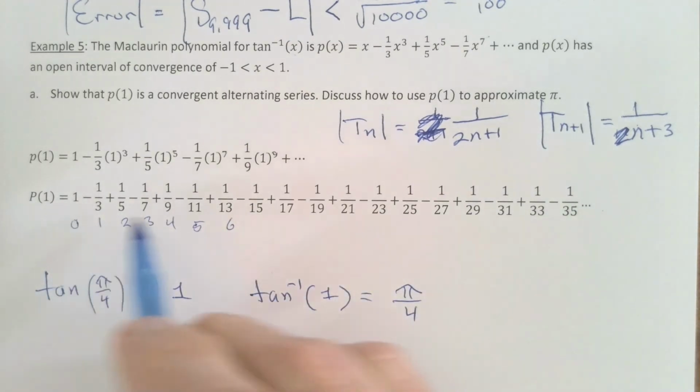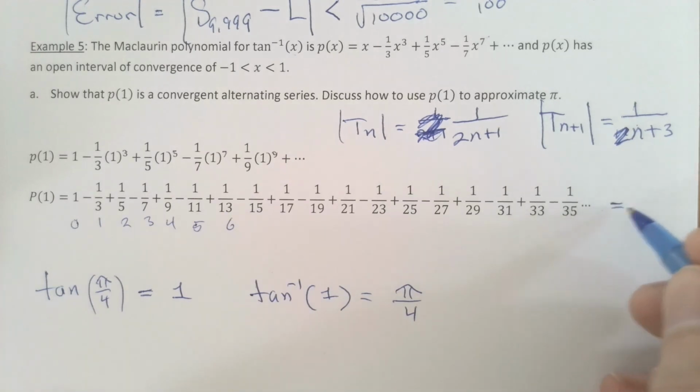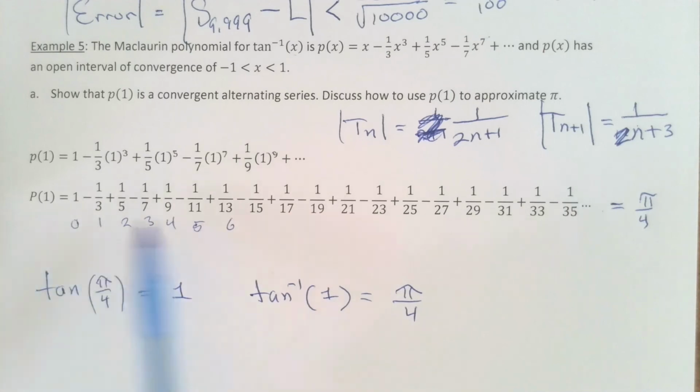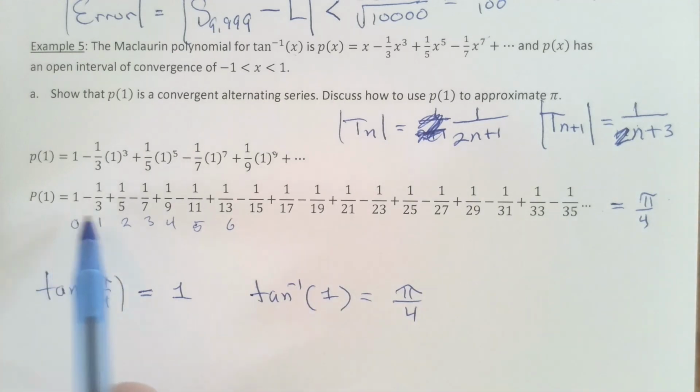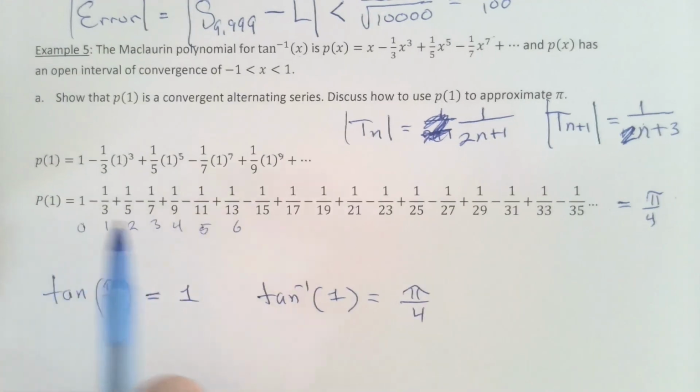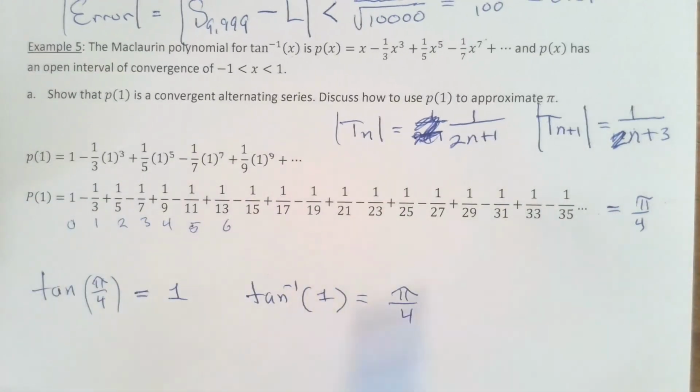So if you were patient and added up all these terms all the way to infinity, indeed you would get pi over 4. Does this calculate pi? No, it calculates pi over 4, which, by the way, is a number somewhere between 0 and 1. However, if you multiplied both sides of this equation by 4, and distributed the 4, you'd have pi on the right, and you'd have some expression on the left that looks exactly like this, except that instead of all these 1s, you'd have 4s.